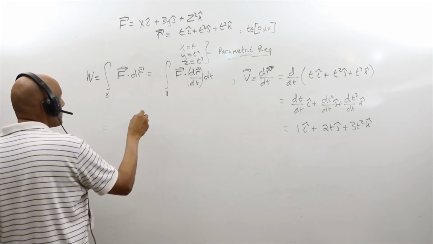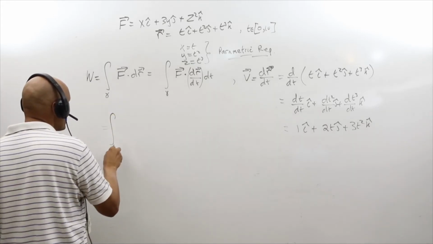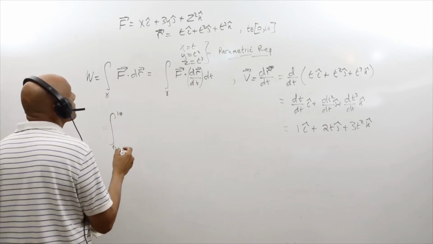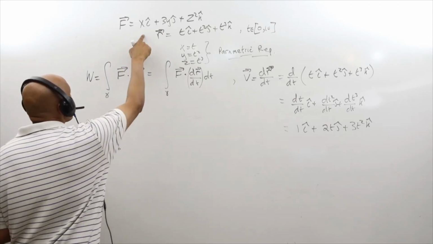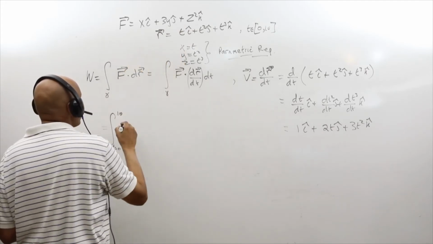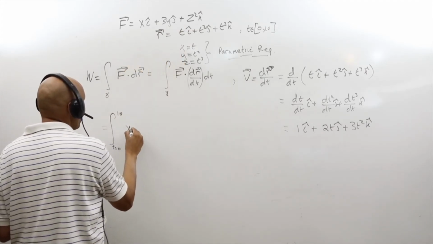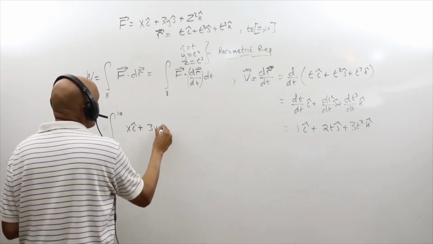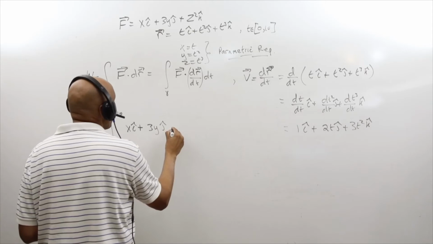So I'm going to convert this integral into an integration from t equals 0 to 10. Our force field happens to be x, 3y, z squared, but I can change that. Let me put these steps in because I want to make sure that you're not mistakenly putting things in the wrong order.